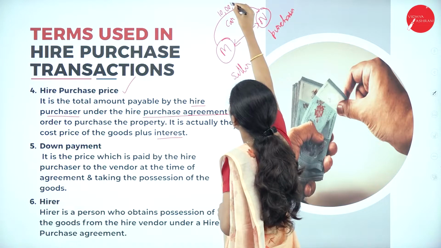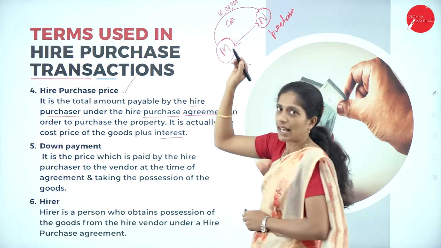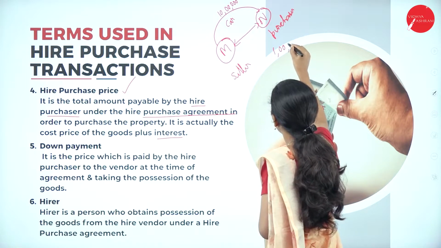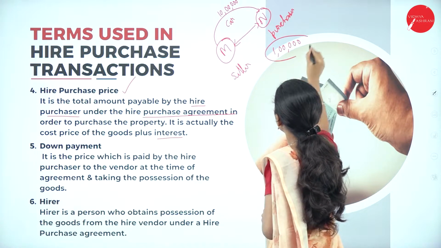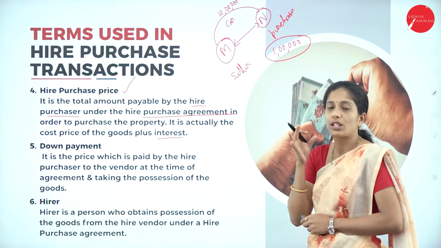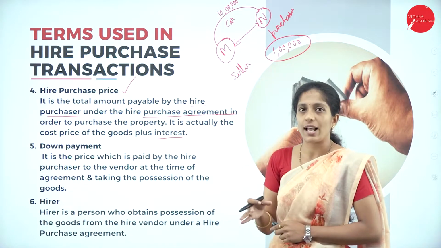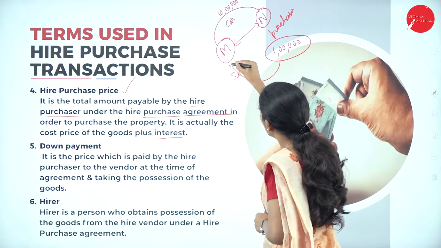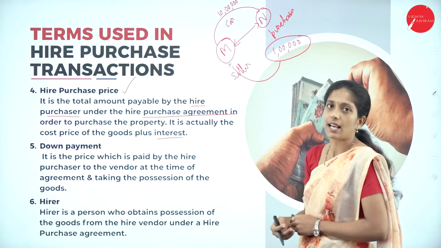So the price of the car is 10 lakh, and N pays 1 lakh as down payment. The total value of the car is 10 lakh and N has paid 1 lakh. The remaining 9 lakh will be paid in the form of installments.